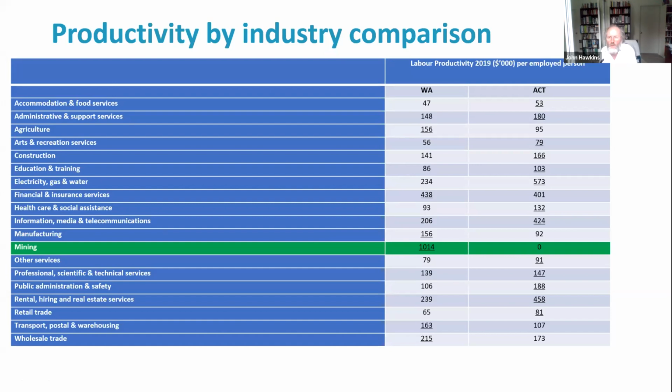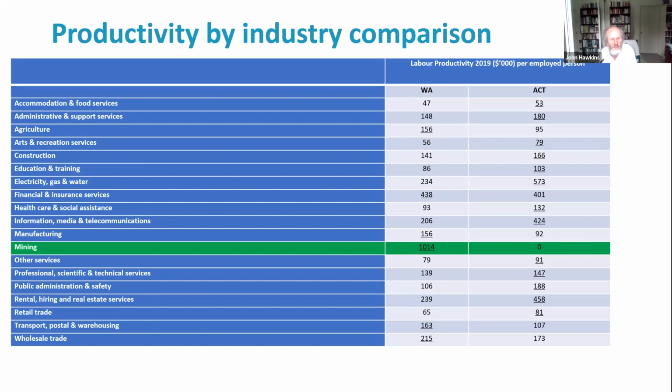But one thing that I found interesting here was that the ACT has a lead over WA in terms of labour productivity in a lot of industries, and in particular service industries, and in particular education, more high-tech type service industries.